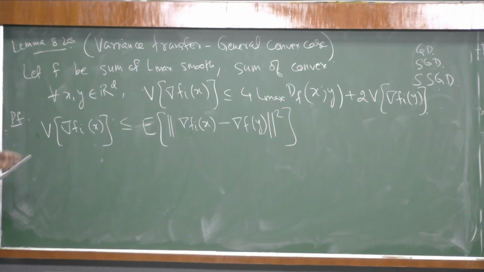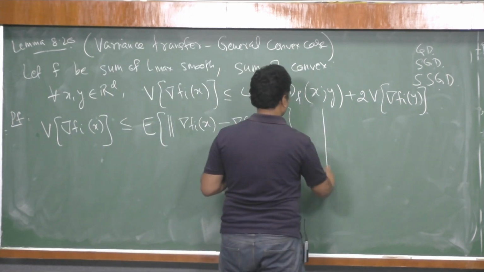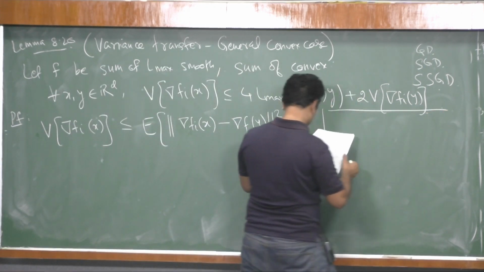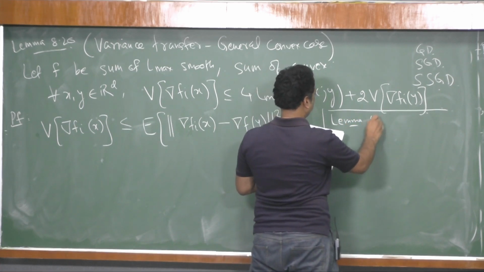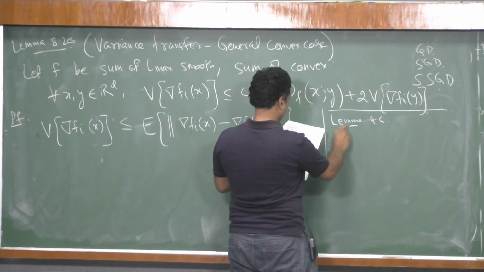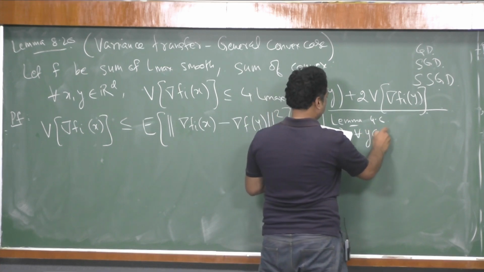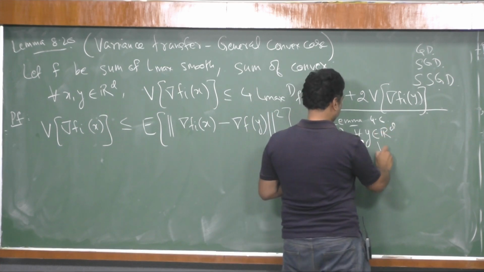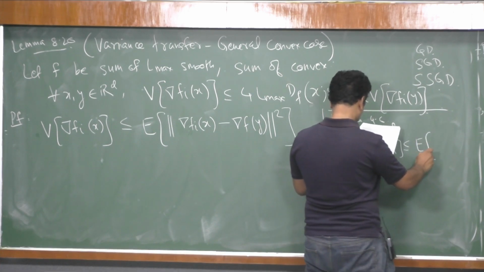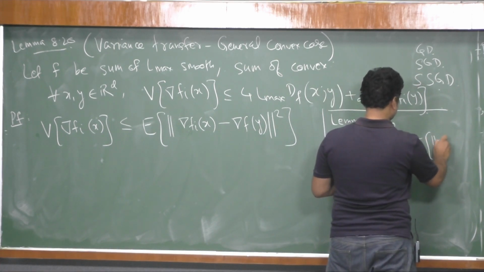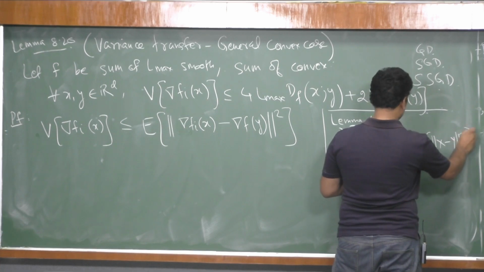So this is from the lemma. Since we are not leaving anything, we must have proved Lemma 4.6, which says that for all y in R^d, variance of x is less than or equal to expectation of norm of x minus y squared.